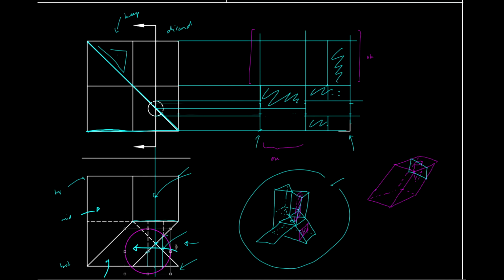Para may measuring point of reference ako. So, if I measure this one, yan. Okay, ito siya. So, ito siya. Okay?